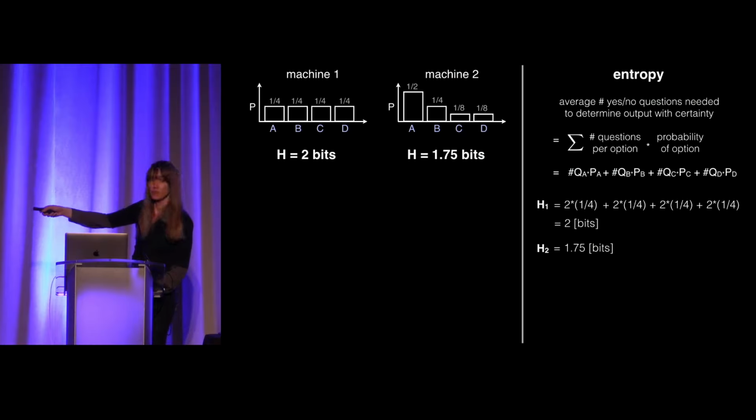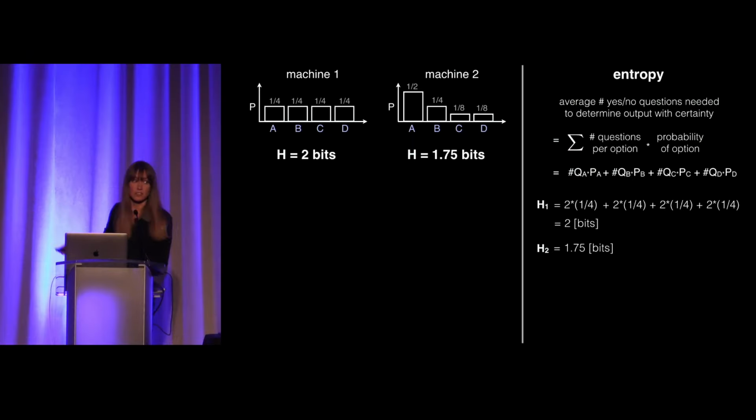This is the most that we can get. And this happens when we've evenly divided our probability among these 4 options here. Another way to think about this is we're maximally uncertain about which option the machine will produce.